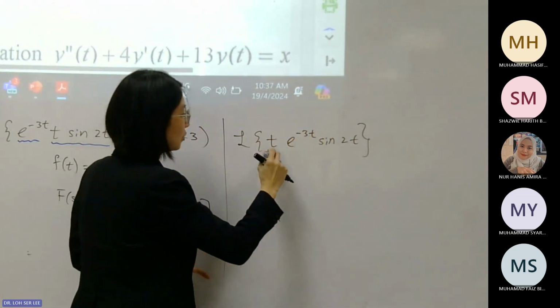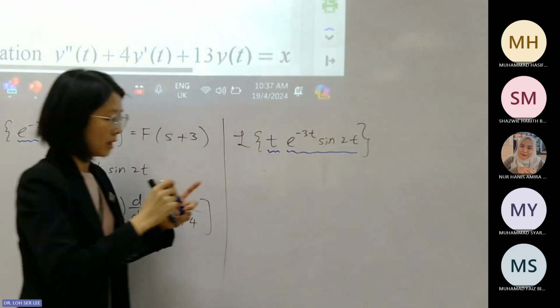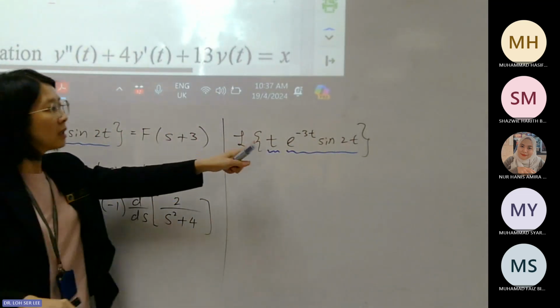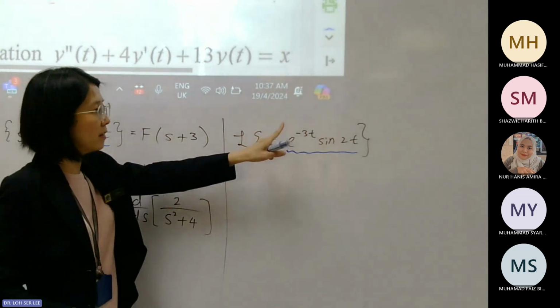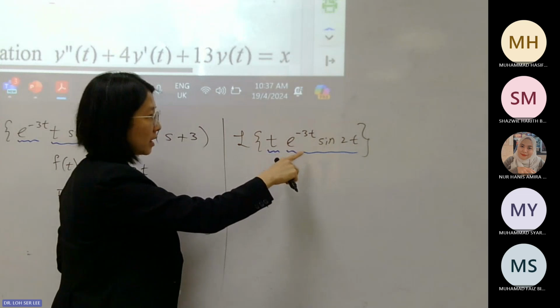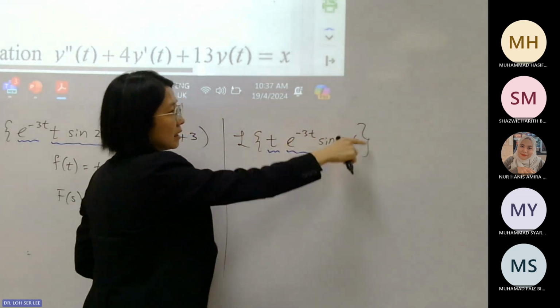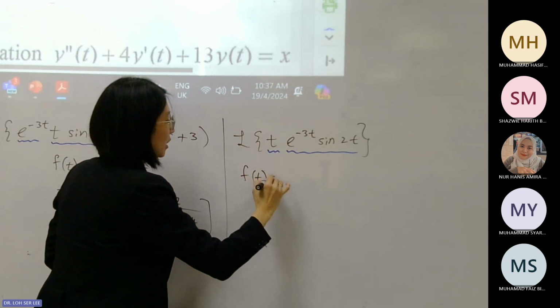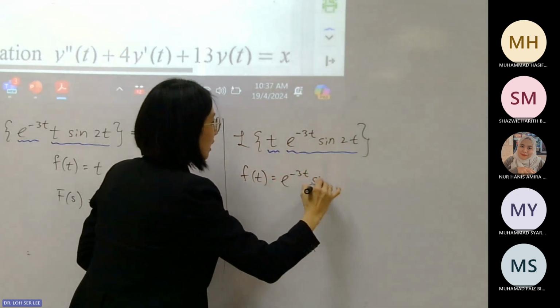So this is your t to the power of n, and this is your f(t). If you start with the derivative property, this will be your t to the power of n, and this is your f(t). When we Laplace transform this, you have to find the Laplace transform of this part. Your f(t) is e^(-3t) sine 2t.